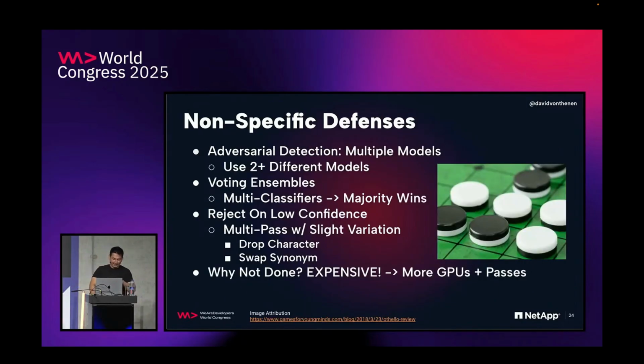I'm not going to get into this a little bit just because of time, but the takeaway here is a lot of people don't defend against this stuff because it requires the GPU to validate the input. So if cost is not an issue, I would definitely recommend doing it, but most people don't.